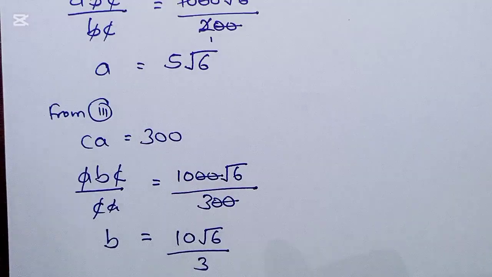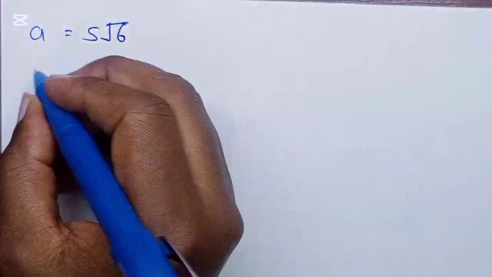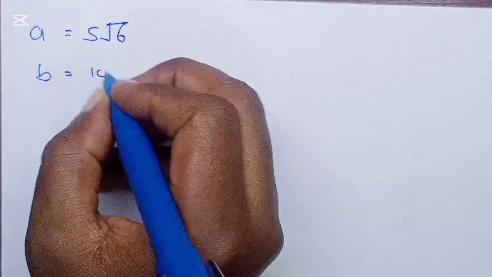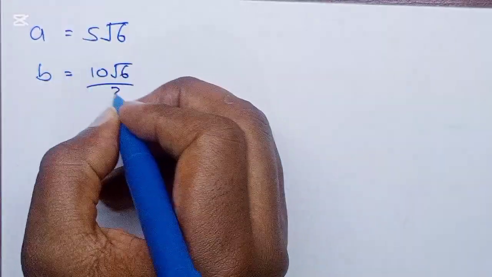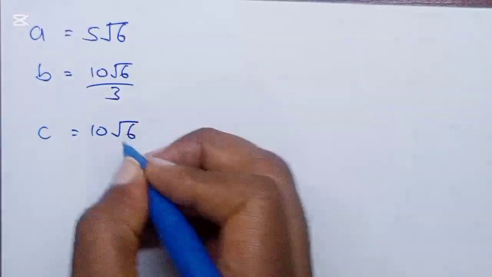So we have found the value of A, the value of B, and the value of C. So we've got our A as 5 root 6, our B as 10 root 6 over 3, and our C as 10 root 6.